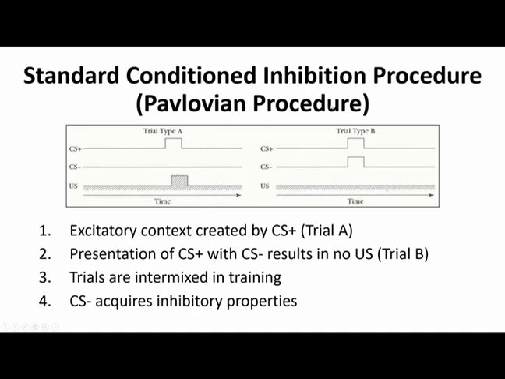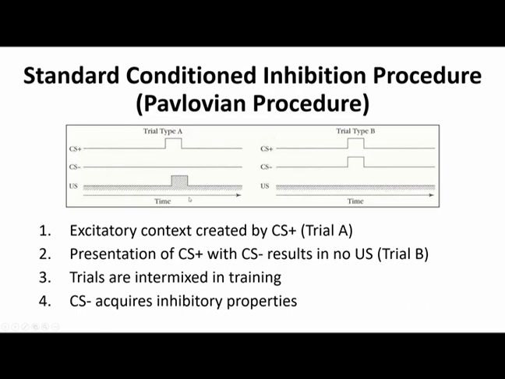In this case, we're going to have a conditioned stimulus with a plus, indicating that it's an excitatory context. So our CS plus is creating this excitatory context. We're then going to have a CS minus, which will end up becoming an inhibitor later on. And then we have our unconditioned stimulus.